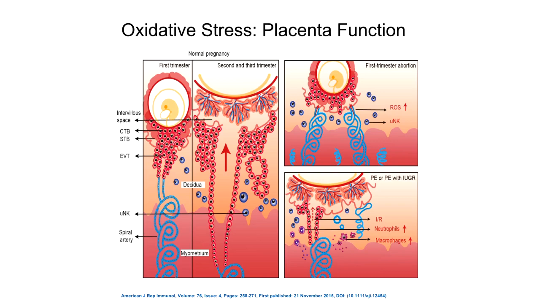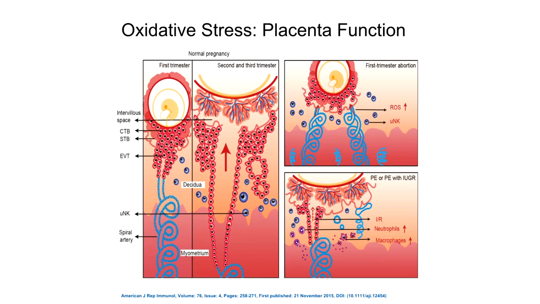So, uterine natural killer cells are going to secrete one interleukin that has been mentioned for tolerance activity. This interleukin is called interleukin 10.